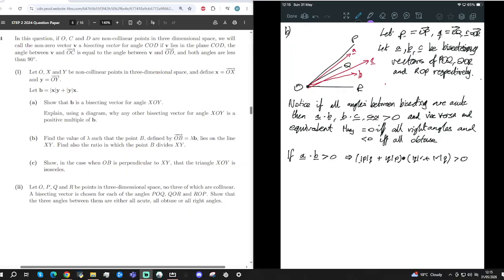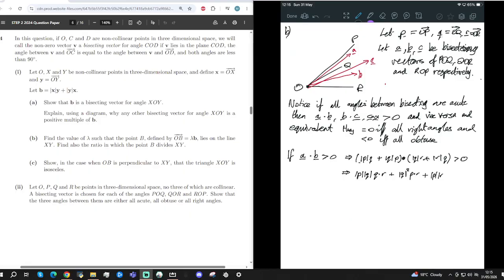Let's keep following this through. So this is going to be mod P mod Q Q dot R plus mod Q mod Q squared P dot R plus mod P mod R.